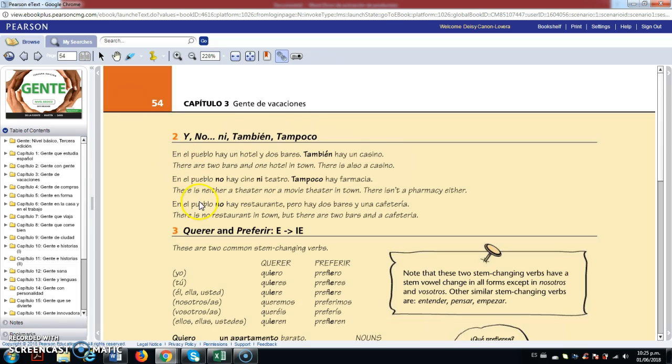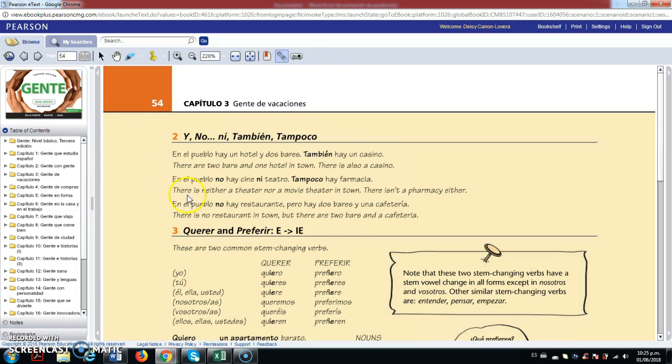So it means that it's negative. We will say, for example, en el pueblo no hay cine ni teatro, tampoco hay farmacia. Okay, so we don't have 3 things here. So the first 2 we will use the expression no and ni in Spanish, and then tampoco.